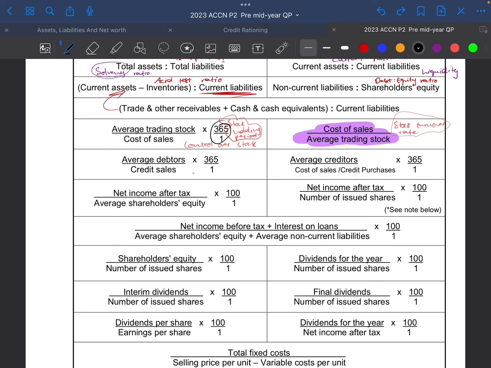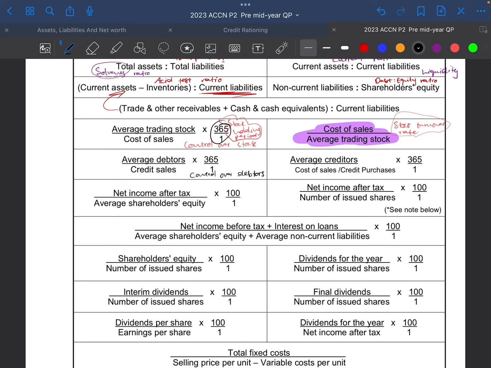This is control over debtors, because I'm writing all of these controls so that whenever you are required to comment on these financial indicators, then you will be simply able to explain that if it's high, you're supposed to say such. If it's low, you're supposed to say such.